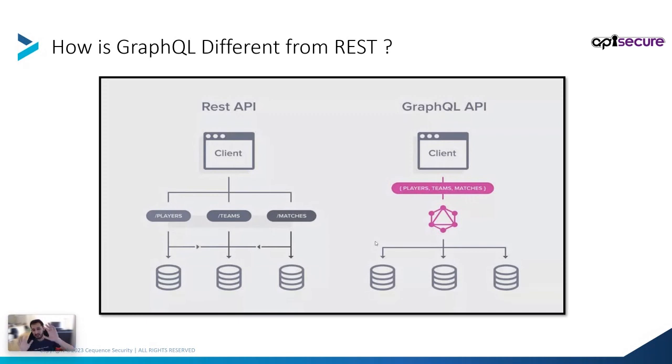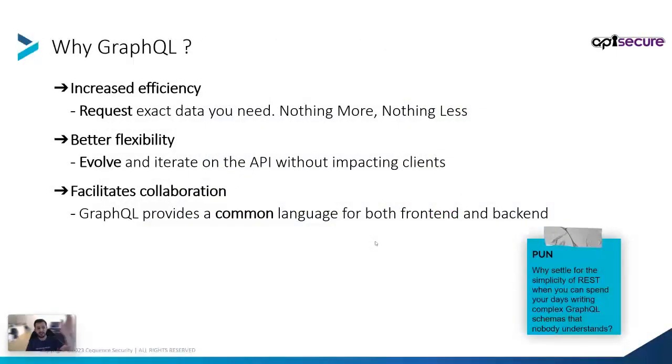You just make one call to the server, you get all the results, and with the help of queries, which we'll be discussing further, you can take whatever you want. You want to show players, show players. You want to show a mixture of players and matches, players and teams, teams and matches, you can do anything you want. That's why we say here that it's increased efficiency and better flexibility.